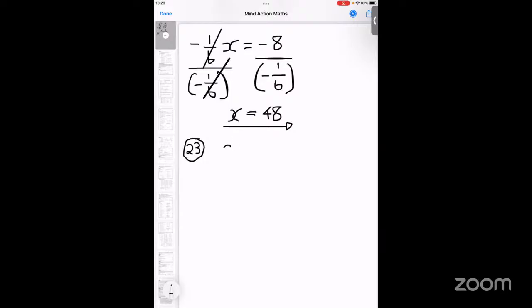Question number 23, we have 8 minus 2x over 4, and this equals negative 8. You see on the left, honorable members, you have a fraction.